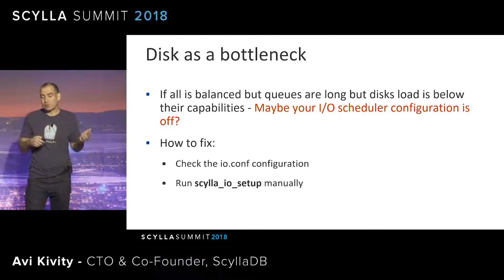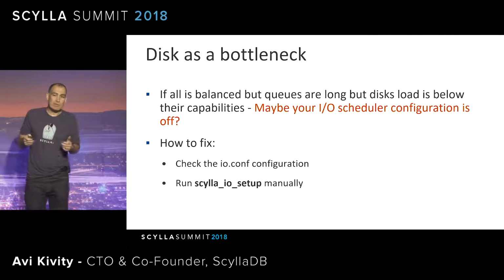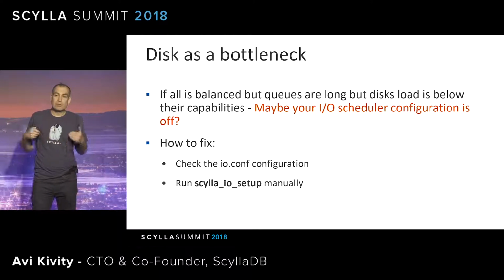On Amazon, on AWS, we try to preset the values, but on regular on-premise systems, there is the iotune binary that benchmarks the disk and configures it. And sometimes it might be off. Maybe the disk aged, and maybe it did not age very well, so it became slower over time. So perhaps it's off. It's good to check it.